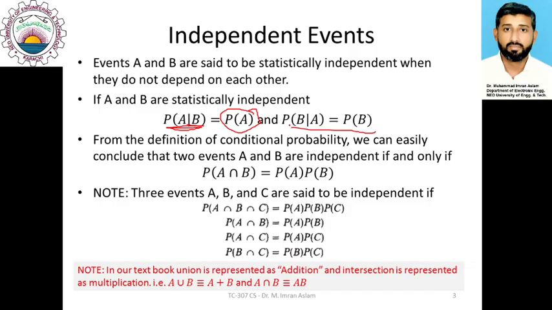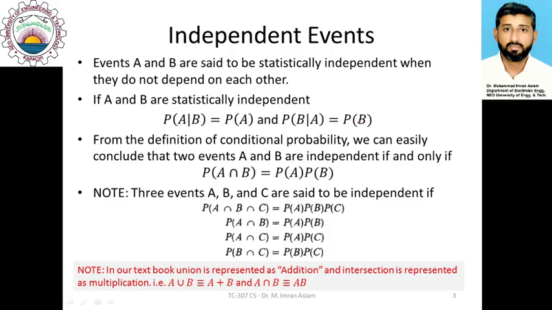If we want to check the independence of events, the conditional probability of B given A would be the same as the probability of B. In that case these events will be statistically independent.